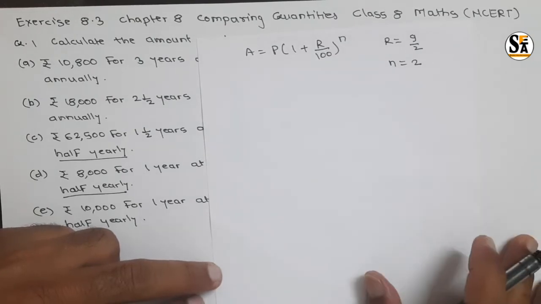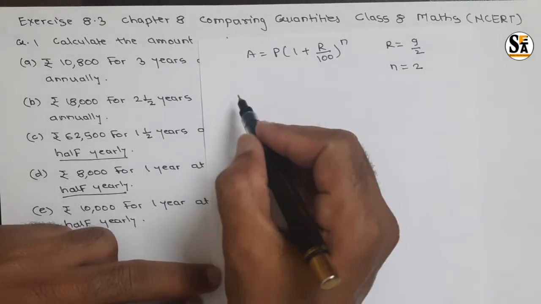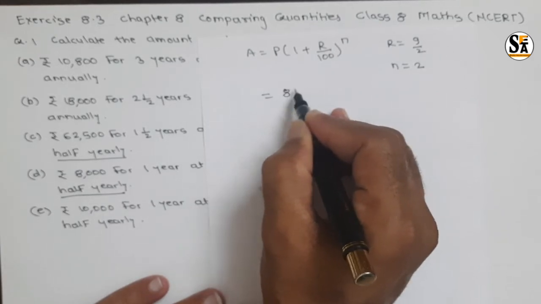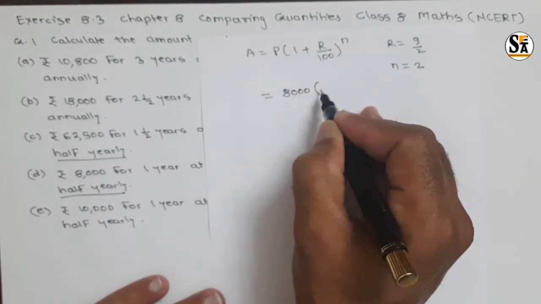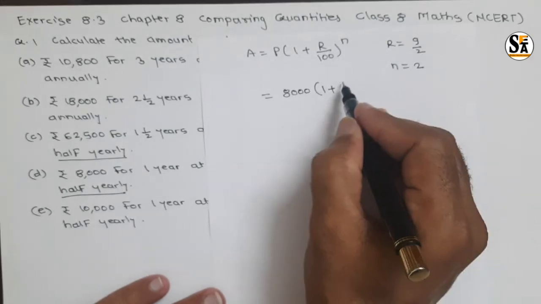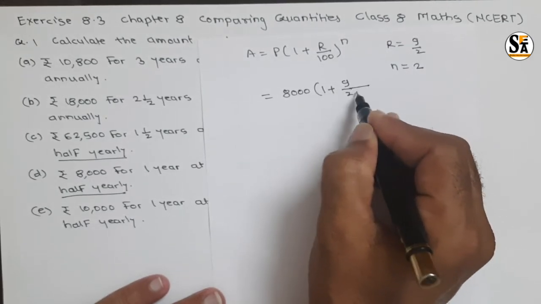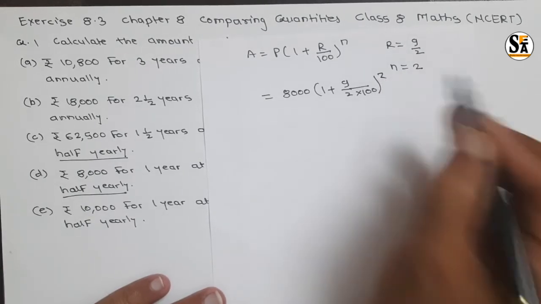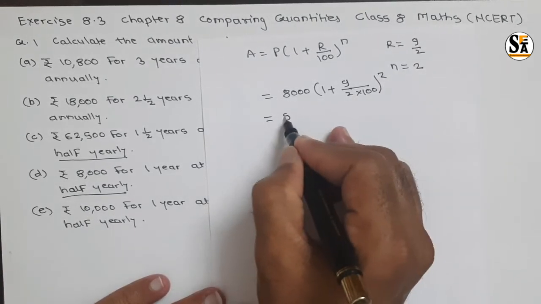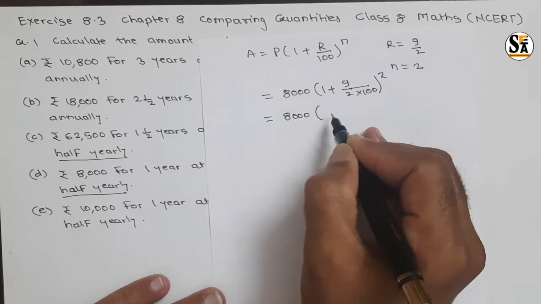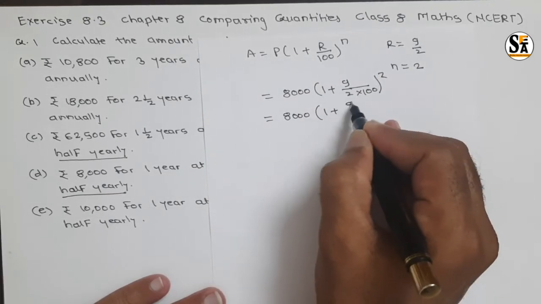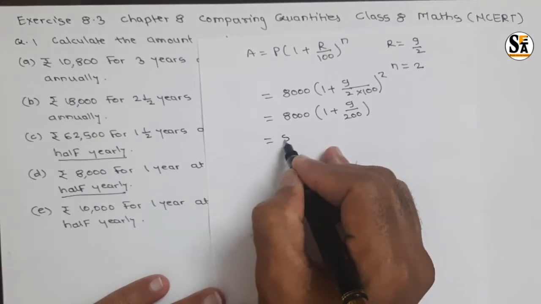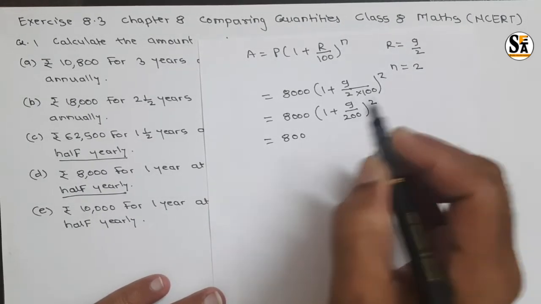So put the values here. A equal to, P is given 8,000, into bracket 1 plus R is 9 by 2, and this 100 as it is, bracket raised to n is 2. So simplify this: 8,000 into bracket 1 plus 9 divided by 200, raised to 2.